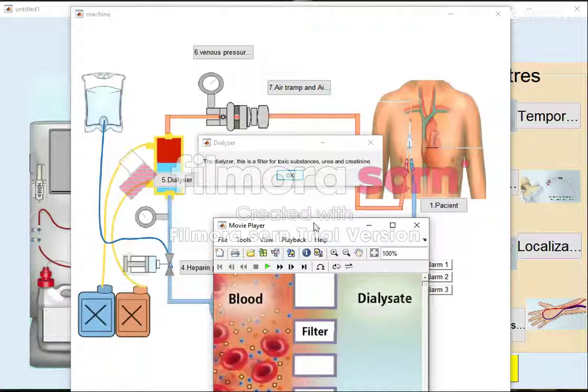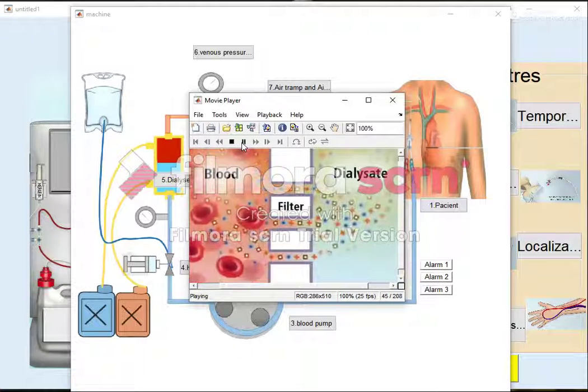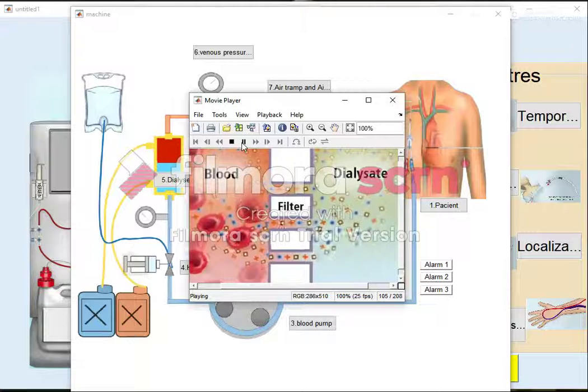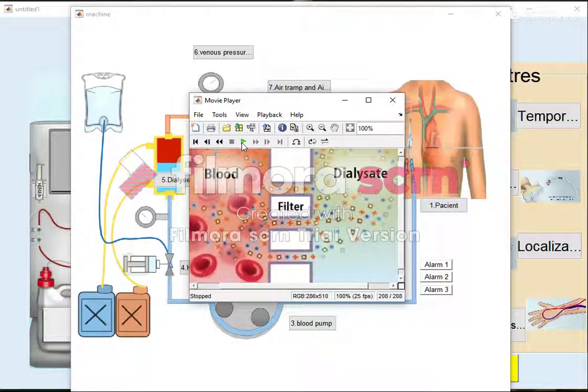We can see the principal function of this in this short video. This is a membrane or a filter in this case. The blood tries to pass through the membrane filter, and only the dialysate part passes.